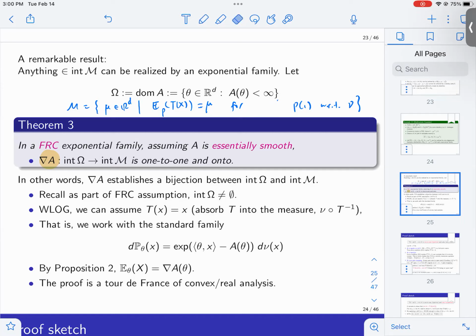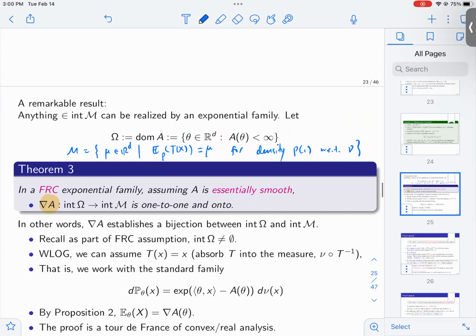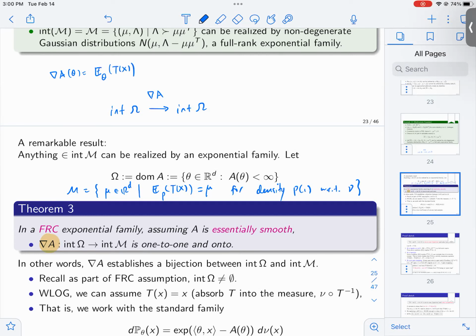So what it's saying is that the interior of omega, which is the natural parameter space, is mapped in a one-to-one and onto fashion to the interior of M by this mapping, which is the gradient of A. We know that the gradient of A in an exponential family gives you the expectation of T of X, right? This we showed.